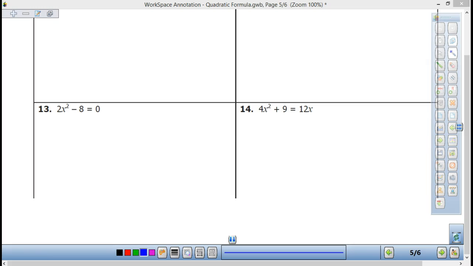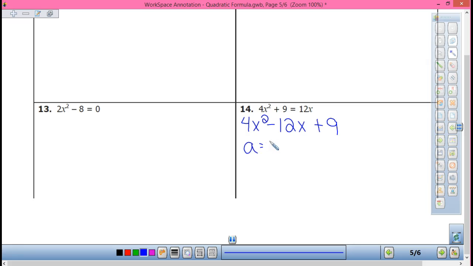Which is gonna be 4x squared minus 12x plus 9. Okay? So A equals positive 4, B equals negative 12, and C equals 9. All right?